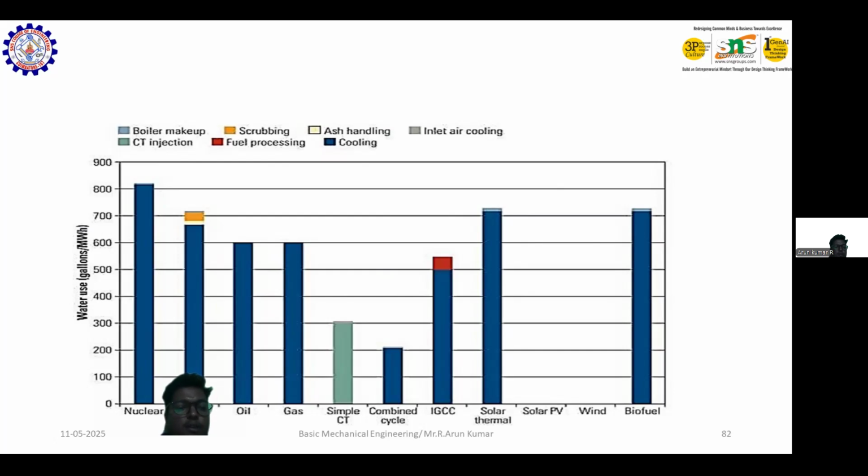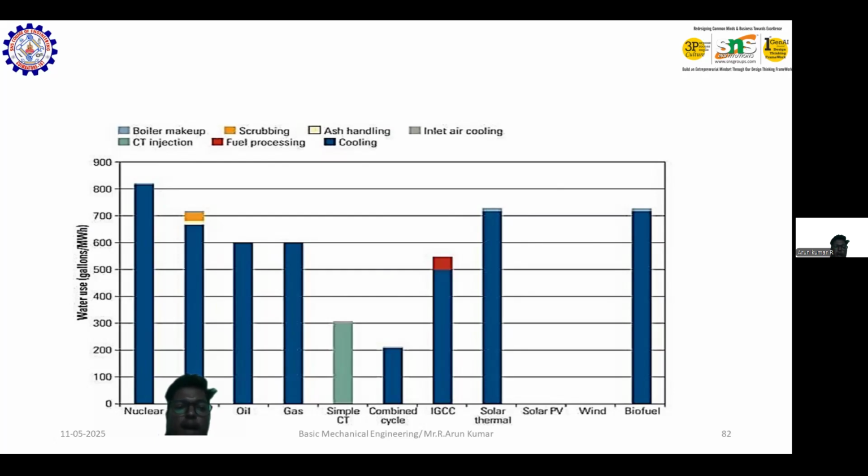On the x-axis I have taken different types of power plant sources. For example, first is nuclear. Nuclear has more water usage when compared to other types of power plant, above 800 gallons per megawatt-hour. The second one is coal.